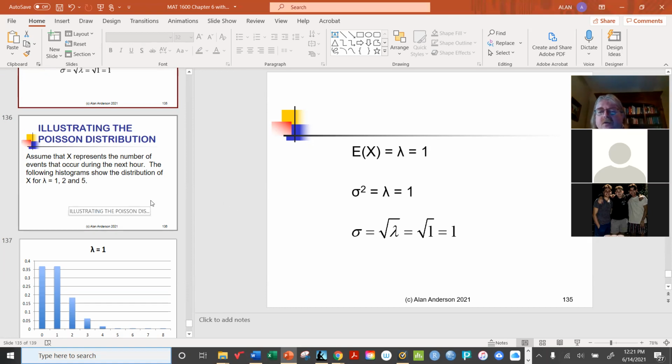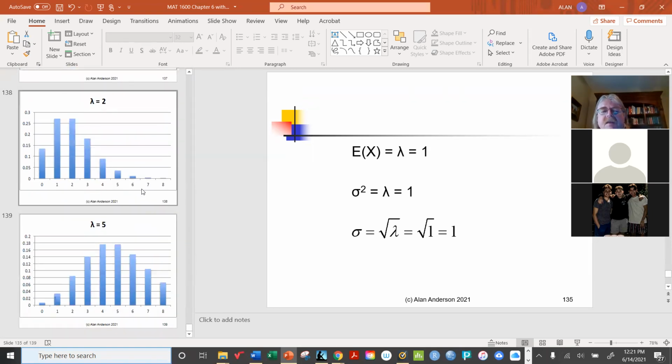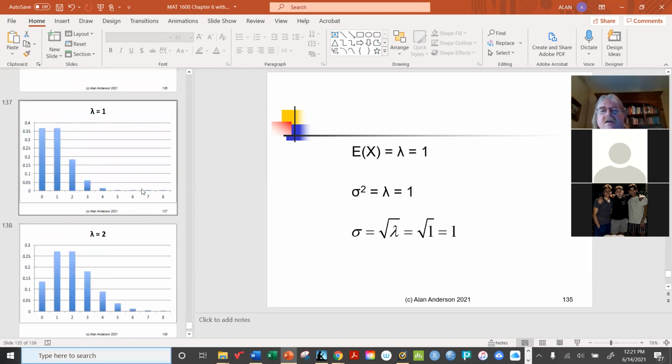So I'm going to show you 3 cases. Lambda equals 1, lambda equals 2, and lambda equals 5. And we're going to see how they are different from each other. All right, so here we go.